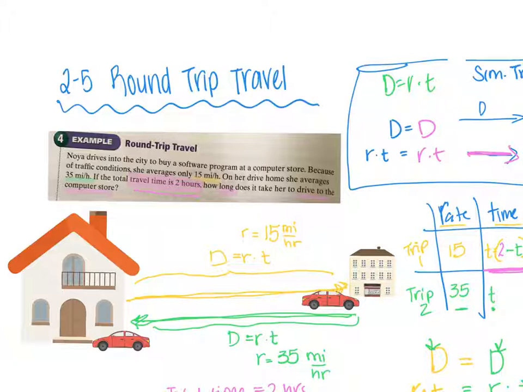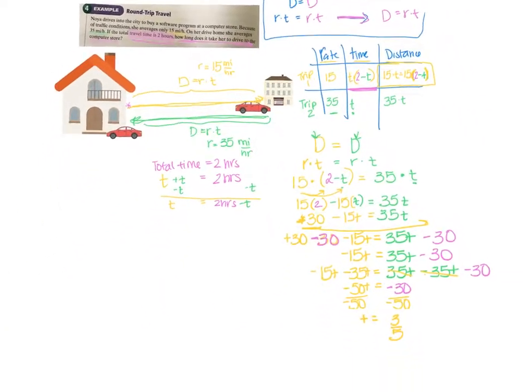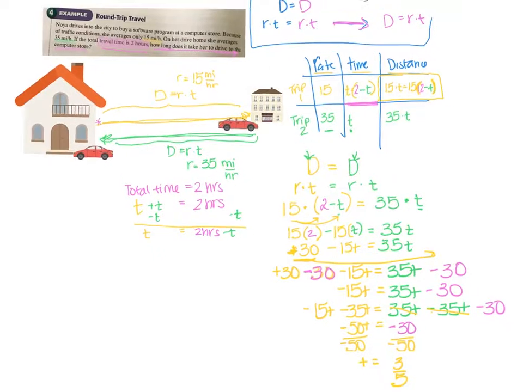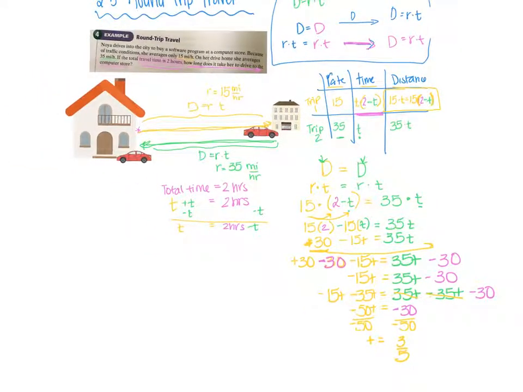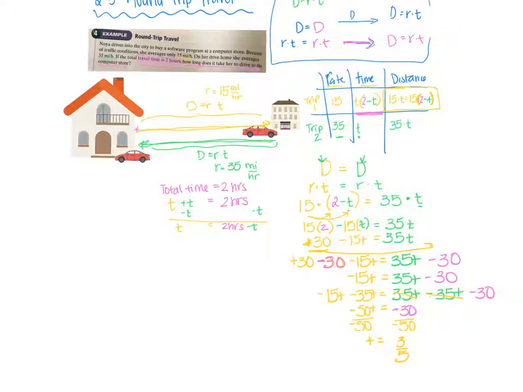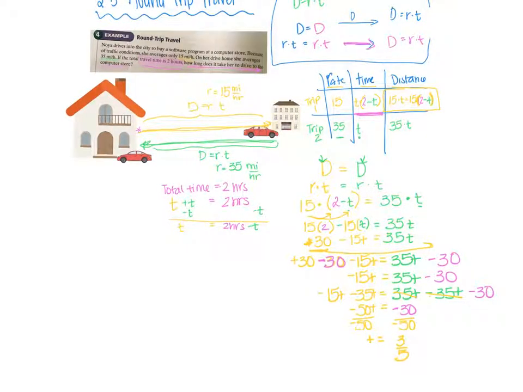I want to know, how long does it take me to drive to the computer store? Which trip was to the computer store? Well, that's this one right here when I first left. That's my yellow t. And I just told you that t equals 3/5. But is that my original t? No, because I sat in traffic. So let's come back up here and look at my chart.